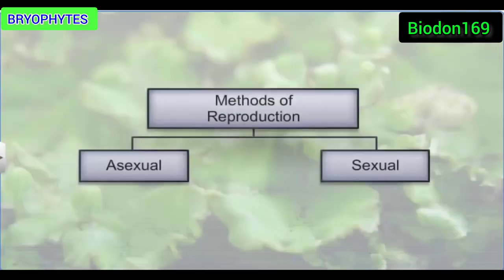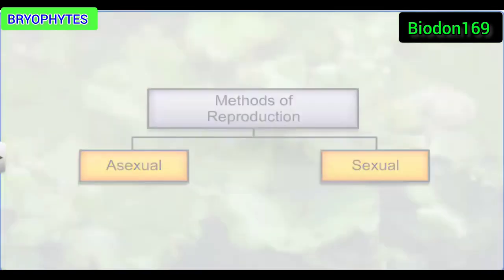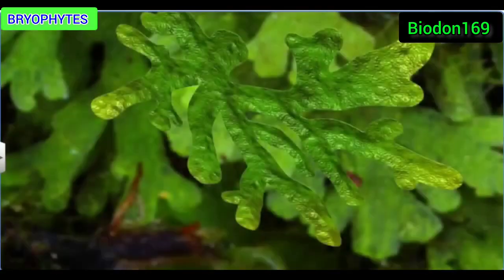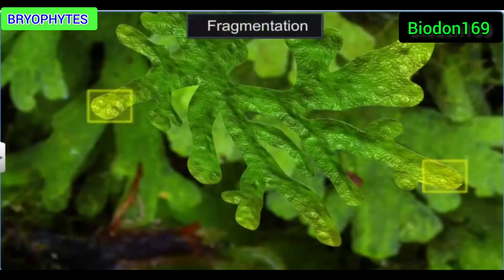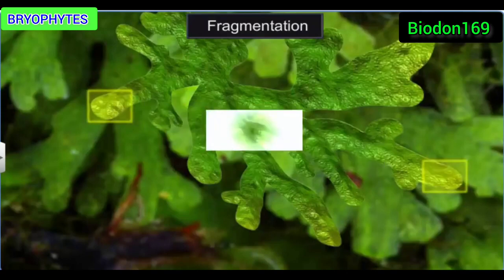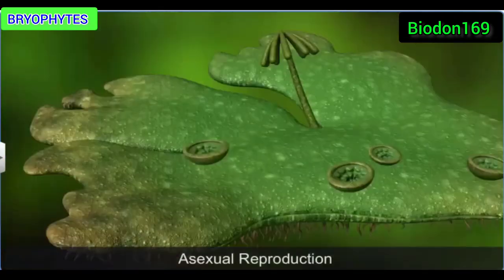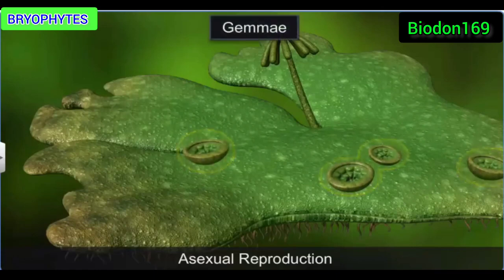Liverworts reproduce both asexually and sexually. In the case of asexual reproduction, we observe fragmentation of the thallus. Asexual reproduction also occurs when gemmae are formed.